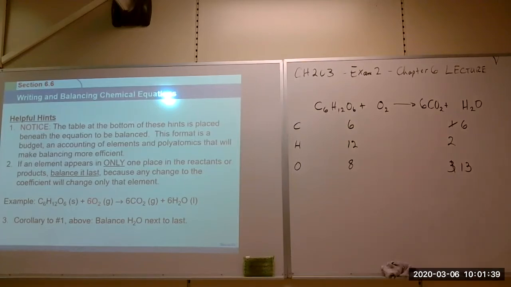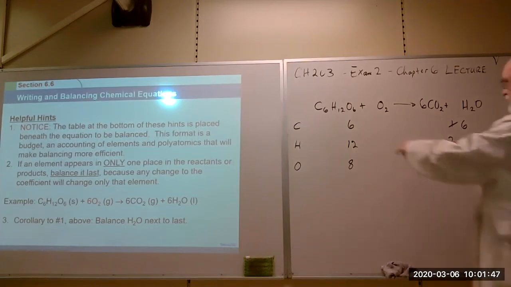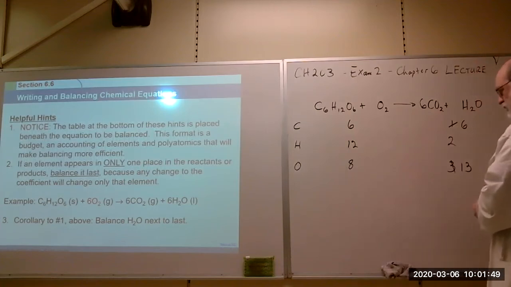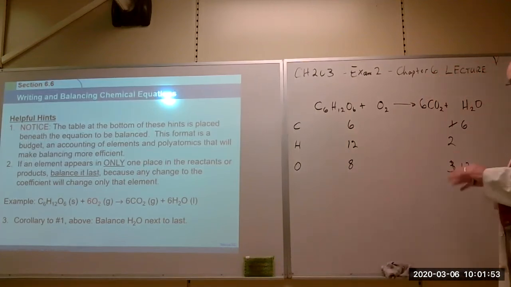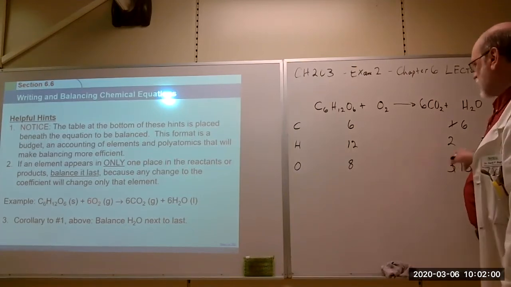Okay. So if we look at hydrogens next, right? Because you've got a prime number here and an even number there, you probably don't want to tackle that right away. Maybe it'll work itself out, which often happens. So let's look at hydrogens.